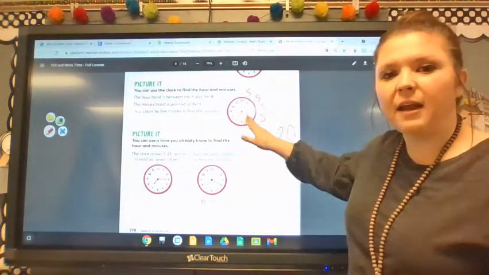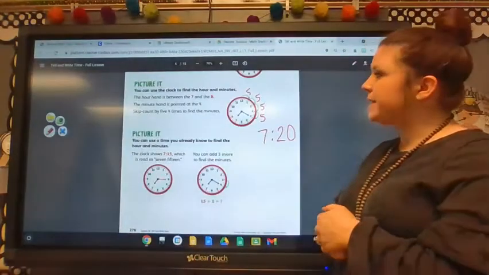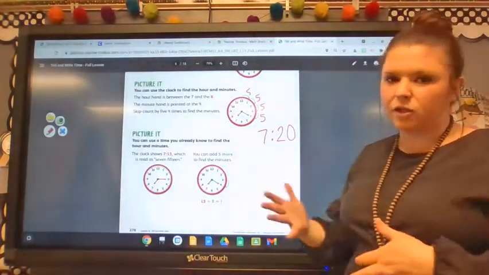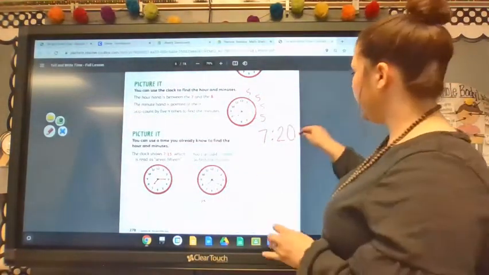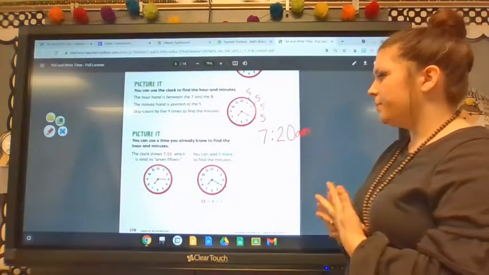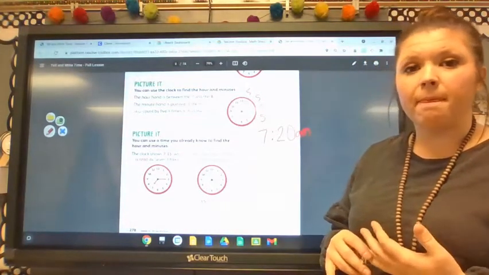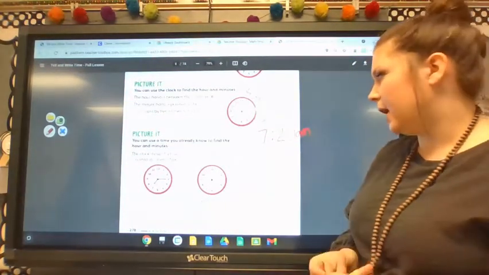So we're taking the analog clock and writing it in digital time, okay? Was this a.m. when we eat breakfast or p.m.? It is before noon, so it is a.m. We can also use what we already know to help us figure out the time.